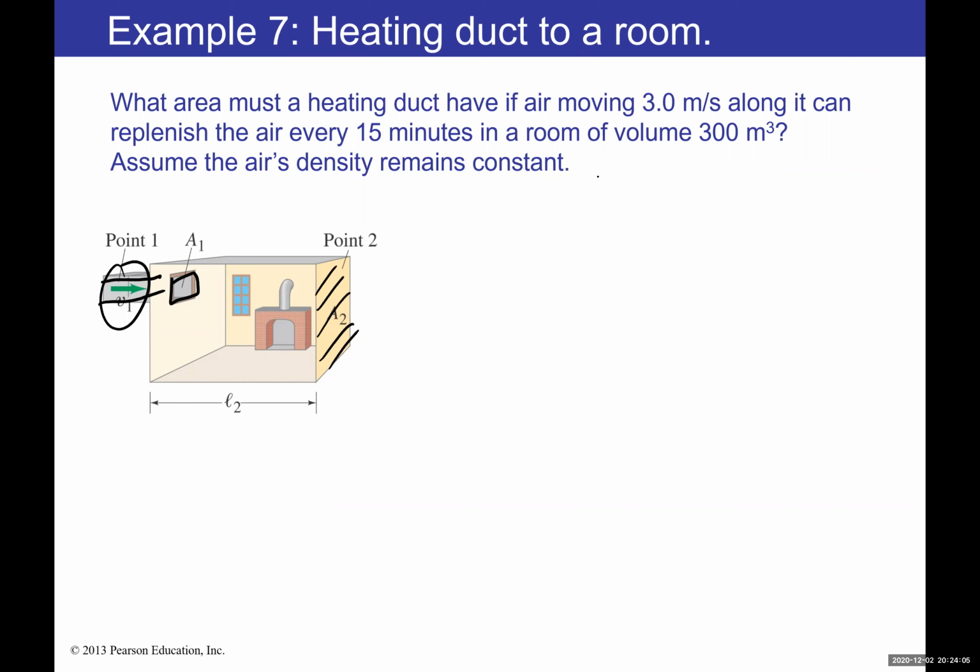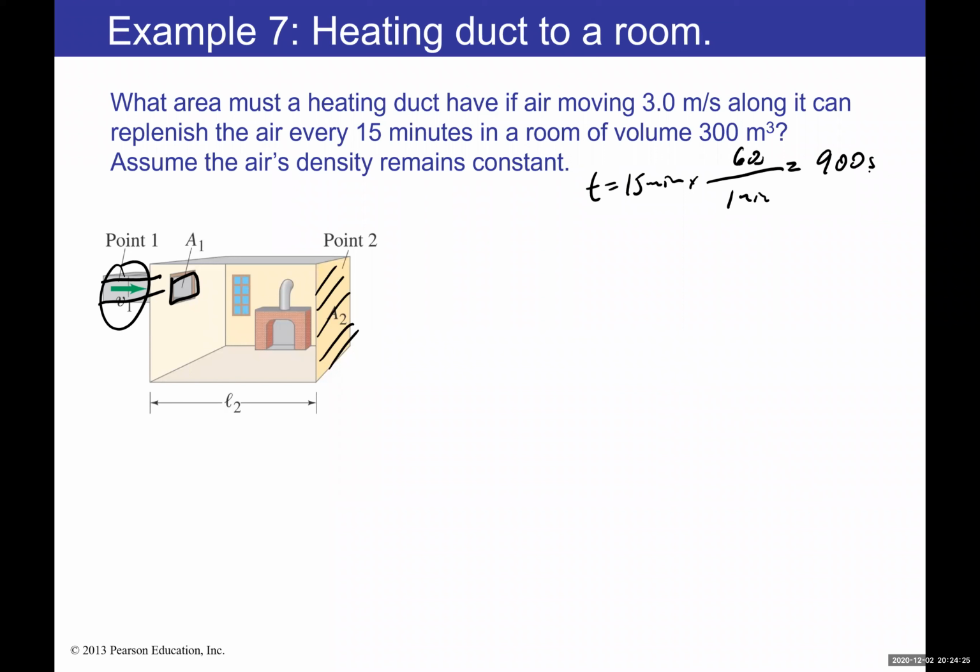We don't really want to keep time in minutes, so we're going to convert 15 minutes into seconds, where 1 minute is 60 seconds, to get 900 seconds. So that gives us the time.